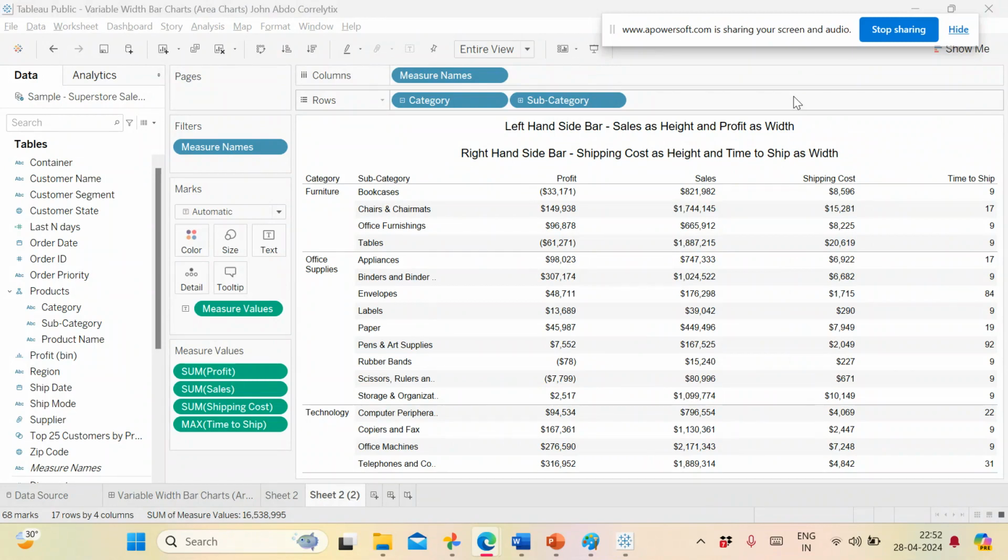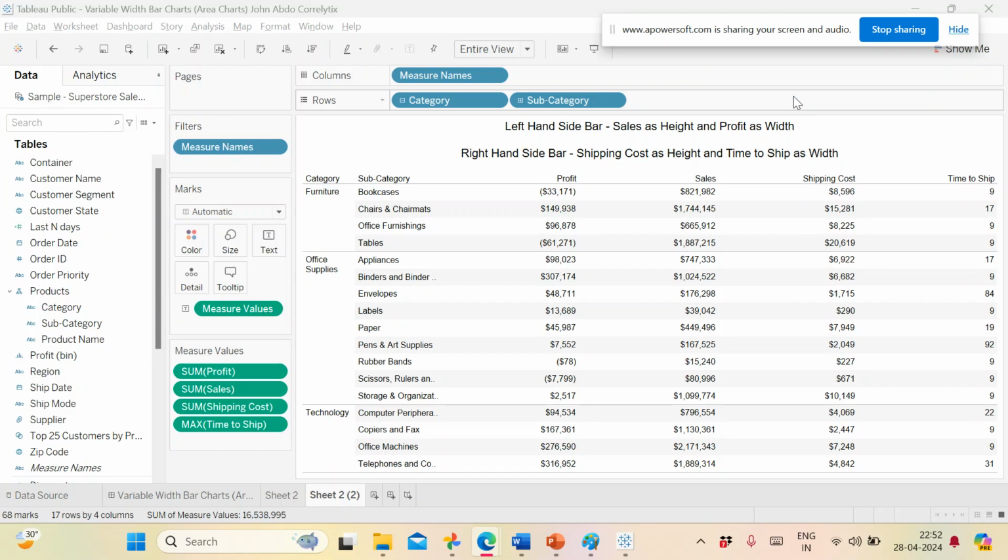As we know, we have already given a presentation on a variable chart with sales and profit. In this presentation we would like to add two more measures: the shipping cost and the time to ship for the category of the product.